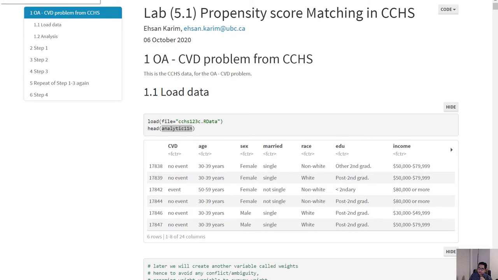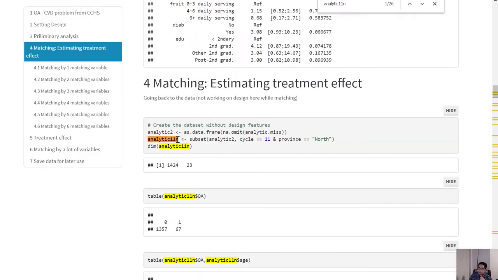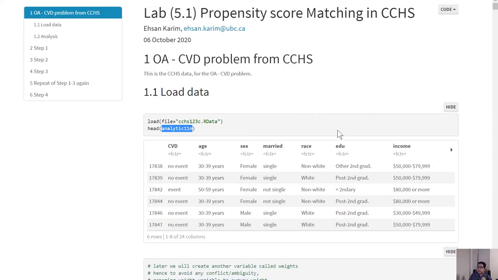Just a reminder that Analytic 11N dataset is basically a subset of the combined dataset, where we are only concerned about cycle 1.1 and northern province subjects, so that we have a small sample size, so that we do not need a lot of time running this test lab, right?